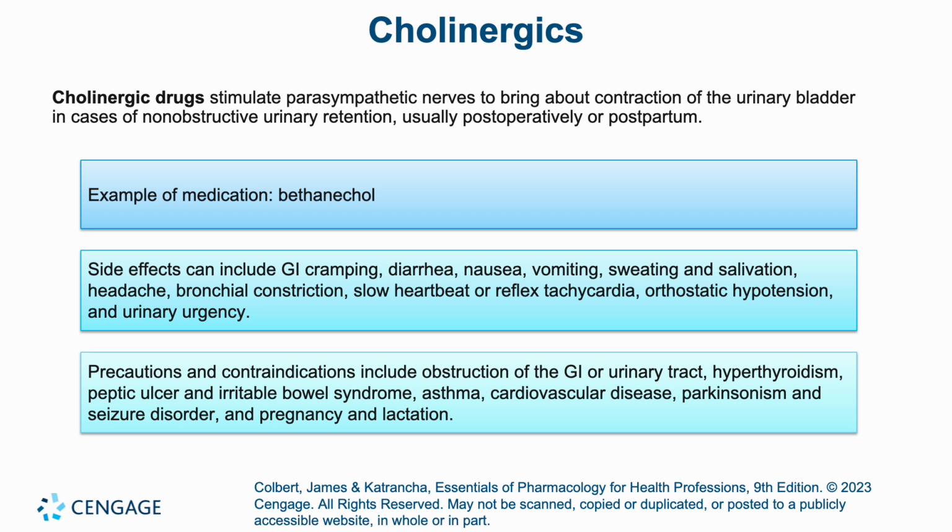Side effects can include GI cramping, diarrhea, nausea, vomiting, sweating and salivation, headache, bronchial constriction, slow heartbeat or reflex tachycardia, orthostatic hypotension, and urinary urgency. So remember, we have the opposite of our anticholinergics, so this is increased secretions.